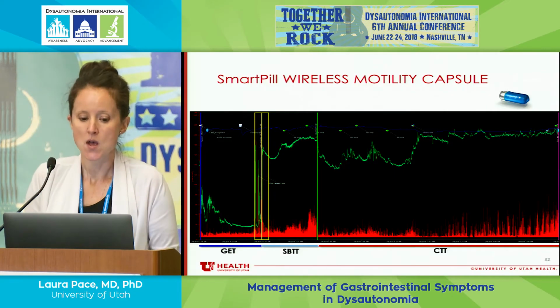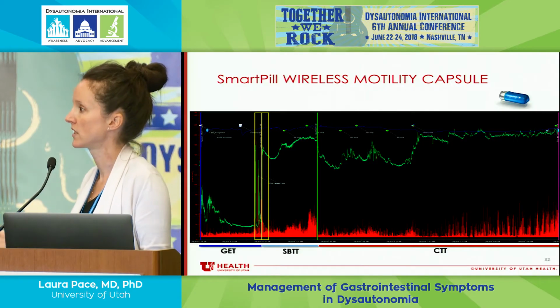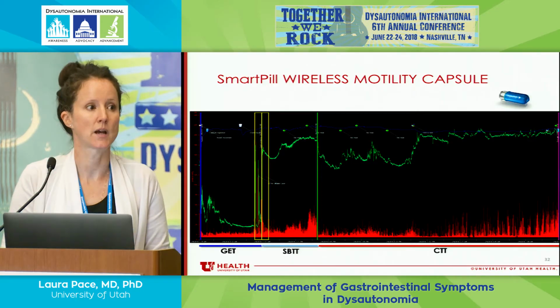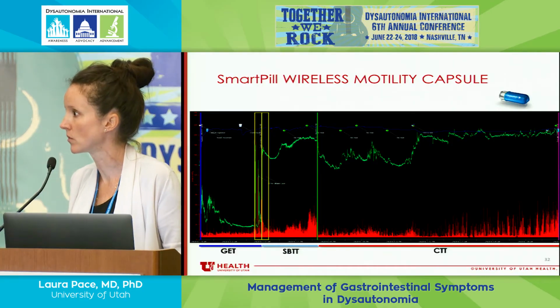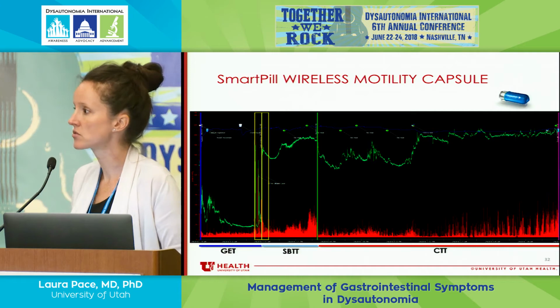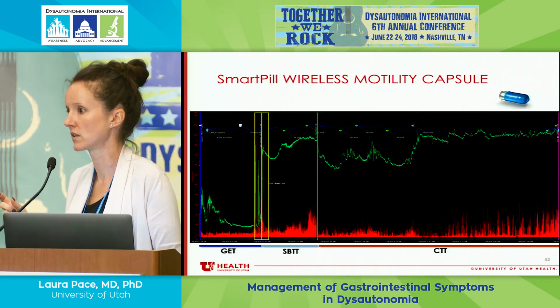So this person actually has normal transit times. Their stomach appears to empty normally, the transit time through their small intestine appears to be normal, and the transit time through their colon is normal. But what's unusual about this person is that their intraluminal pressure measurements are much lower than one would expect.